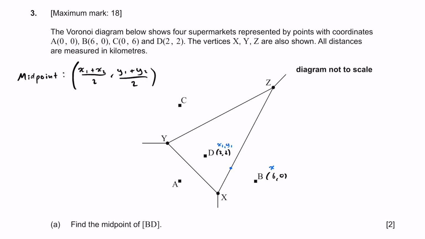So let's substitute these values: essentially the average of the x's and the average of the y's. x1 plus x2 is 2 plus 6 over 2, and y1 plus y2 is 2 plus 0 over 2. Simplified, 8 over 2 is 4, and 2 over 2 is 1. So we know this midpoint value: (4, 1).